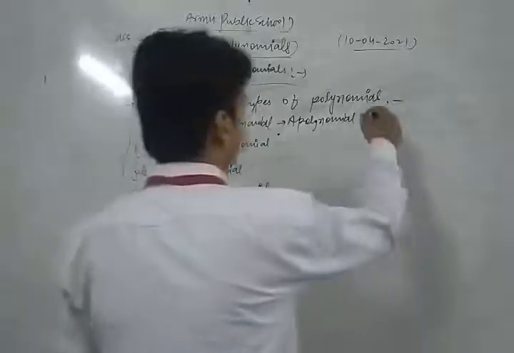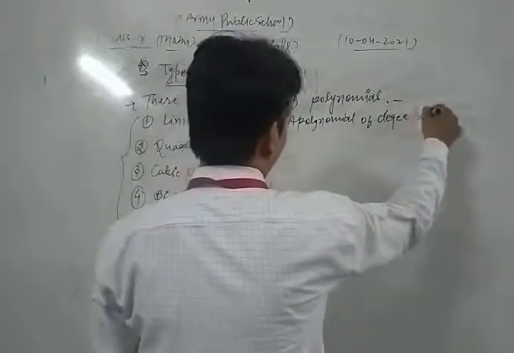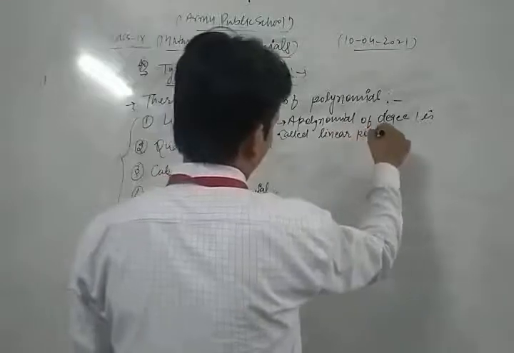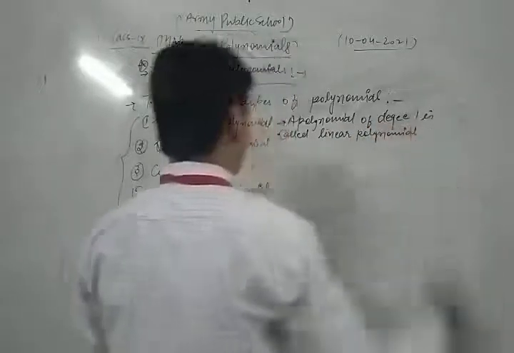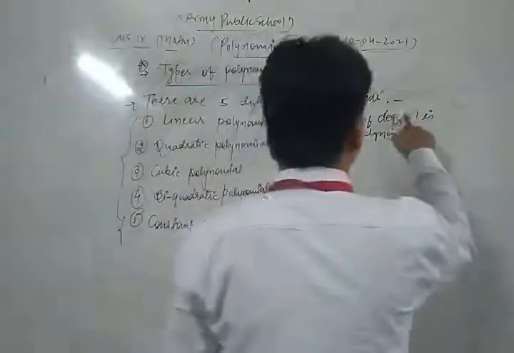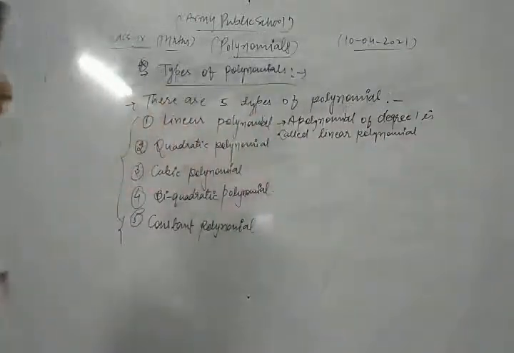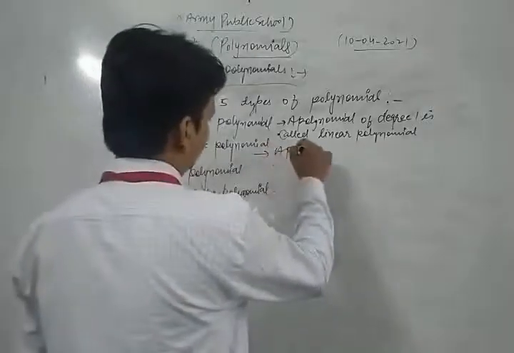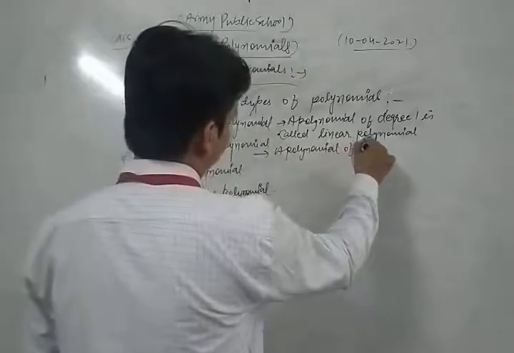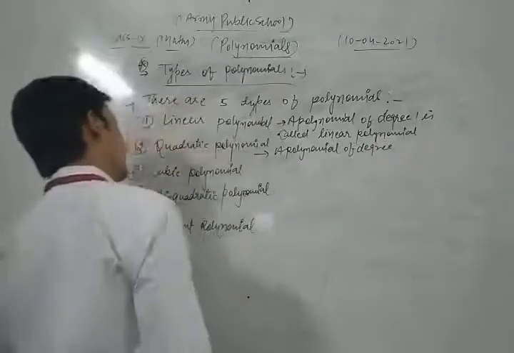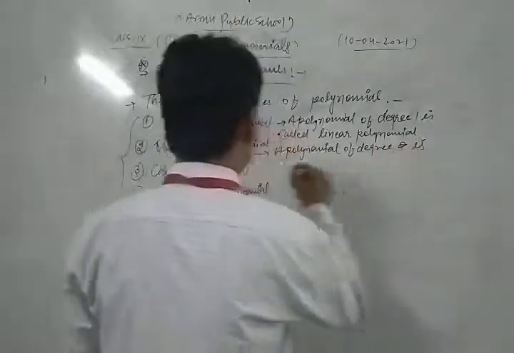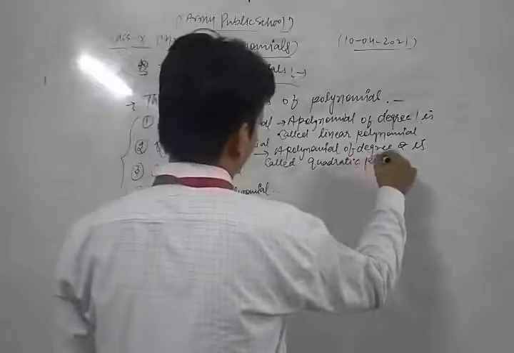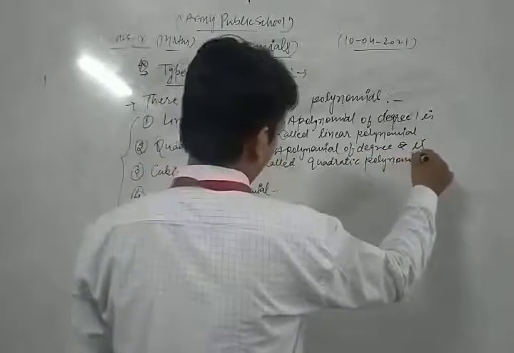A polynomial of degree 1 is called linear polynomial.